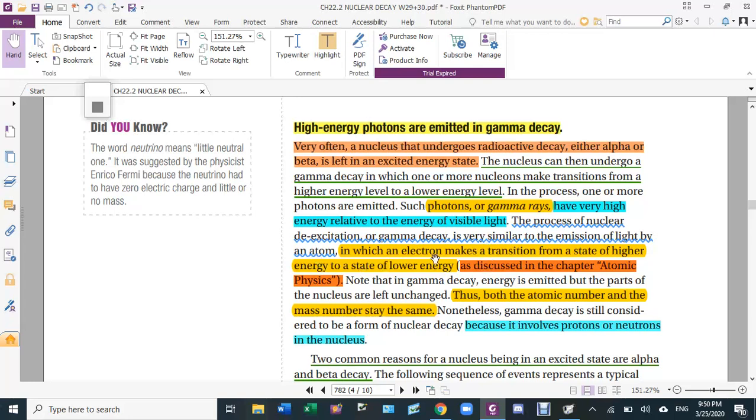There's a similarity between visible light and gamma decay, in which an electron makes a transition from a state of higher energy to a state of lower energy. The energy is emitted, but the parts of the nucleus are left unchanged. So both the atomic number and the mass number stay the same. No change in the nucleus.